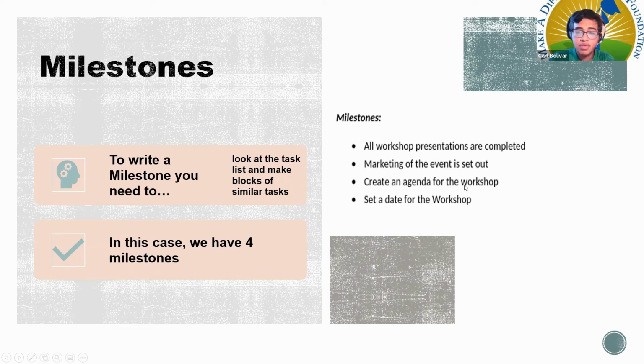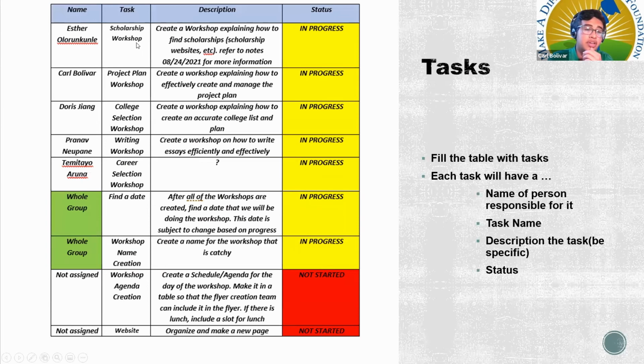Create an agenda for the workshop and set a date for the workshop. These are all milestones. So if we were to look here, we have a grouping of similar tasks. We have scholarship workshop, project plan workshop, college selection workshop, and writing workshop. All 4 of these are similar, so we can say complete workshops.